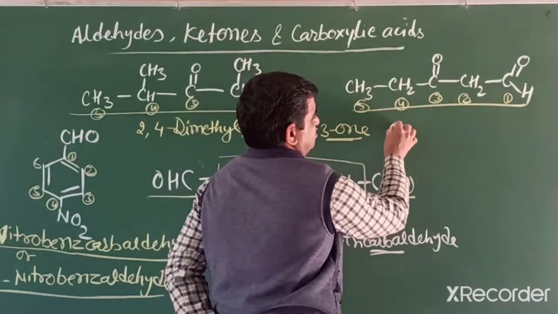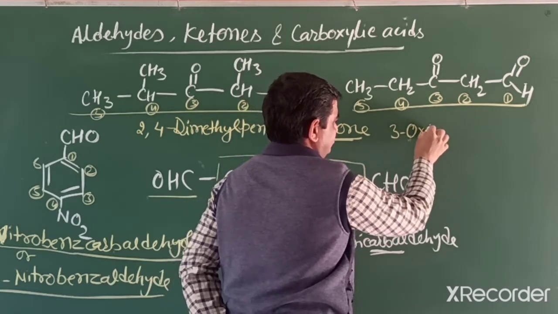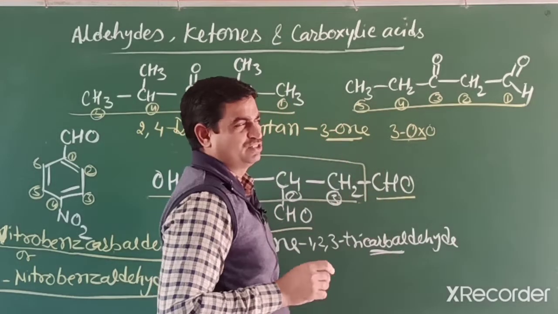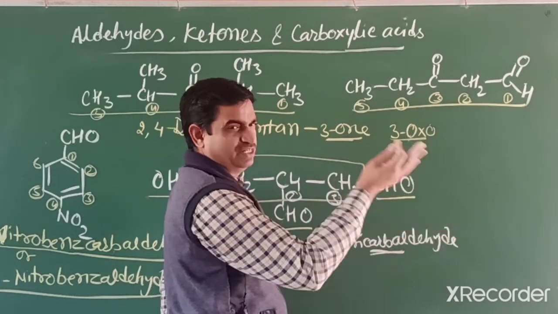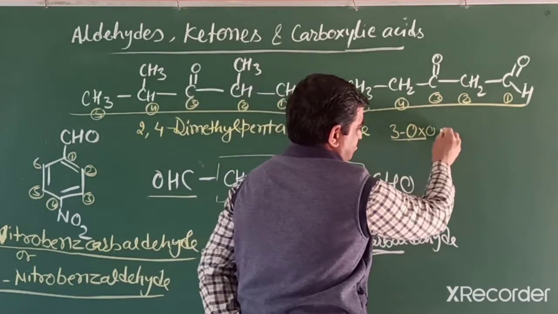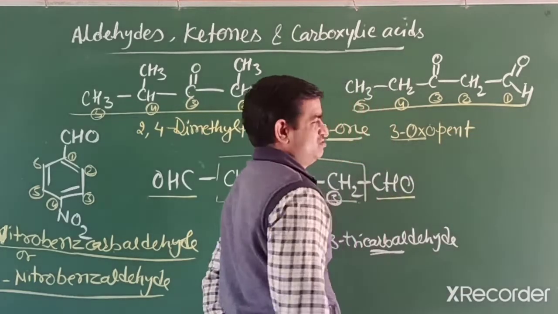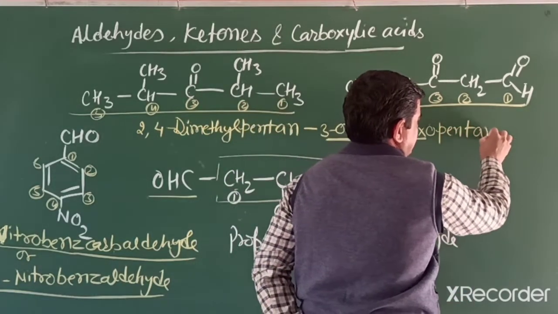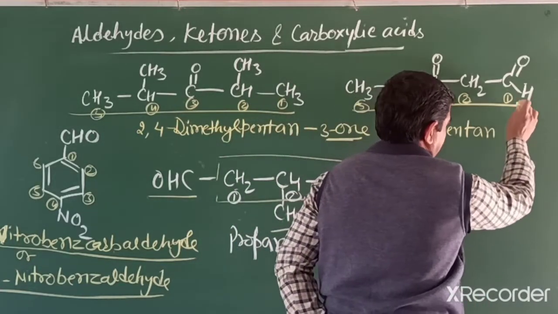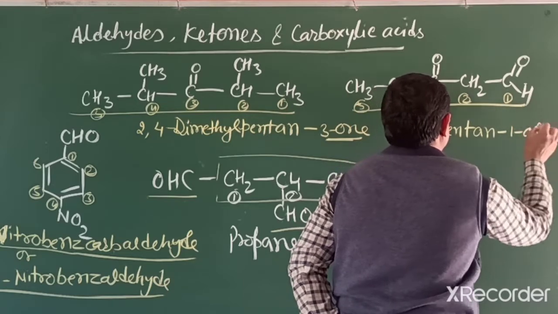Its name is 3-oxo. We write it as a prefix. Why? Because there are 2 functional groups, so one we have to take as a prefix. 3-oxo, how many carbons? 5 carbons. Then pent, single bond, so we write a-n-e, and the main functional group is al.